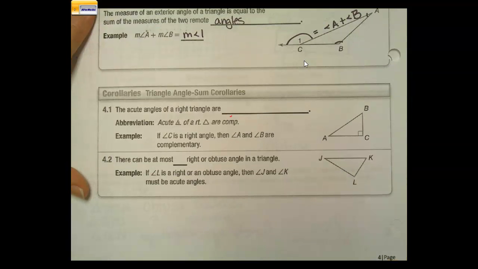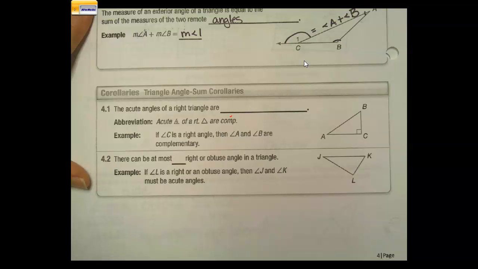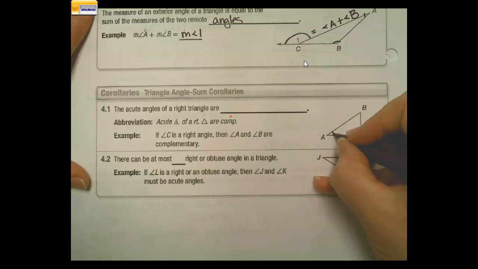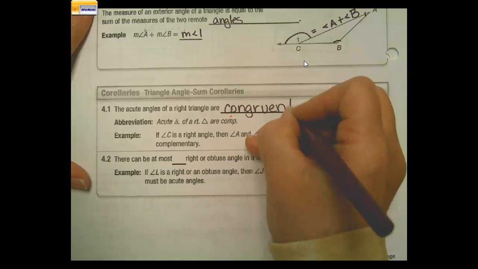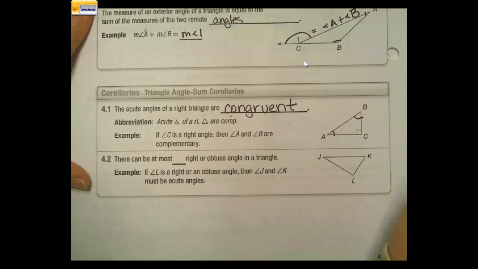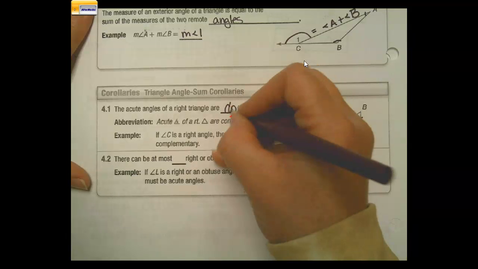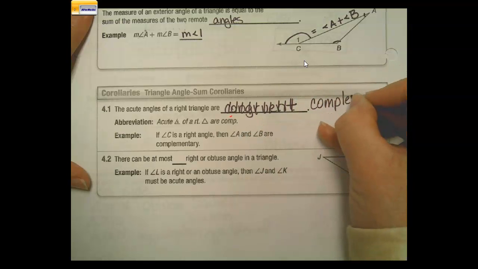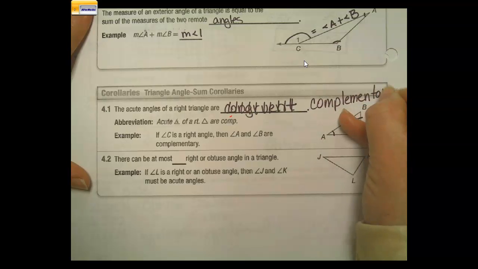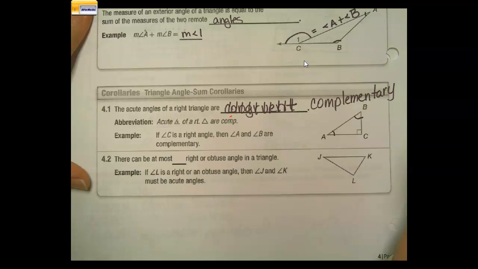Next one. The acute angles of a right triangle are, I have no idea what this says. Hold on. The acute angles of a right triangle are congruent. Sorry. No, they're complementary. Back up. So they're going to equal 180 degrees.